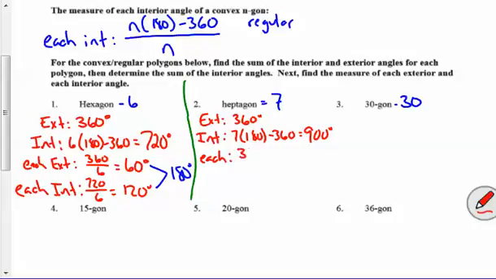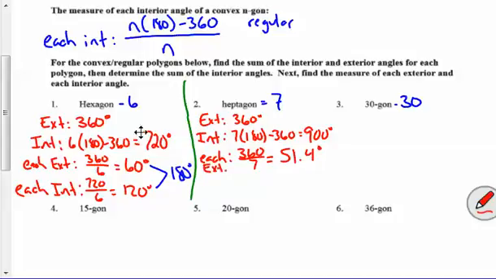We divide each of those by the number that we have, and that would give us what each one is worth individually. We can round this decimal to 51.4. So that's it.